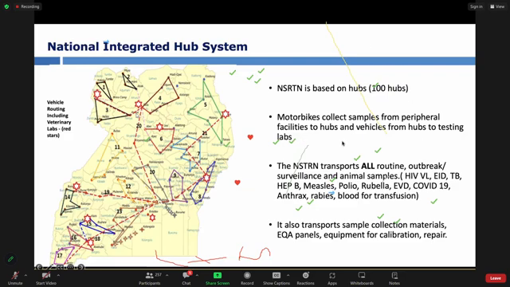For sample transportation for this EVD outbreak, we are going to stick to using our national hub system. And this is from the 100 designated labs and other identified isolation units where patients are being monitored. The contacts that have been listed are being monitored. So to pick from what Roger said, samples are only being collected from the designated isolation units or places that have been identified to monitor the contacts.